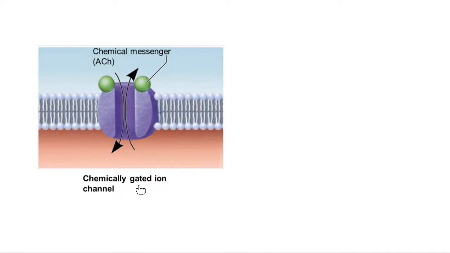These channels are or are not always open. Gated channels are or are not always open? Yeah, exactly. Gated channels are channels with a gate. There's something that closes them. Gated channels are not always open.